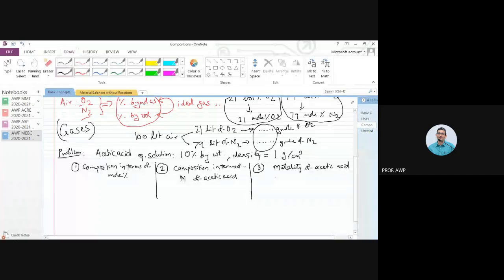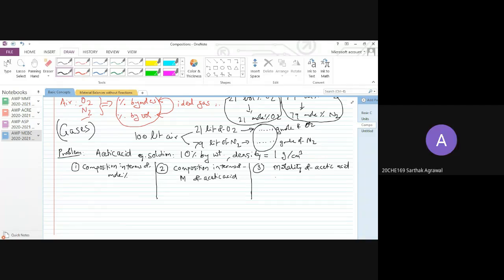So please do this problem, solve it by yourself, then we will see the solution after some time. Sure. Yeah, so we could assume the volume. You can do whatever you like, whatever method you want to apply. Just tell me the answer. How to do it is your problem. You just have to solve by whatever tricks are available to you.